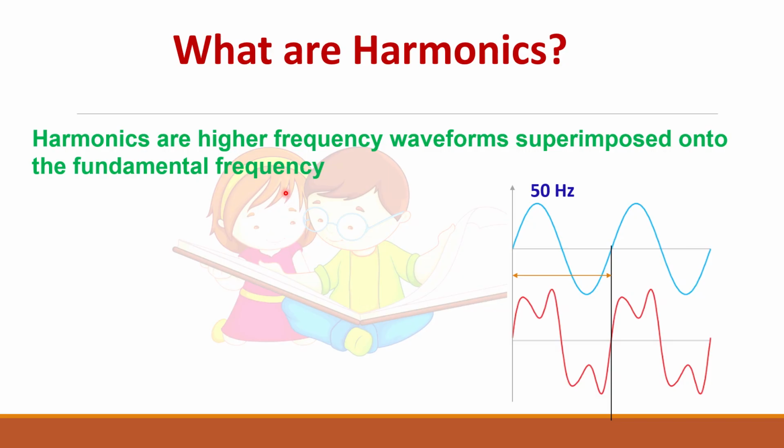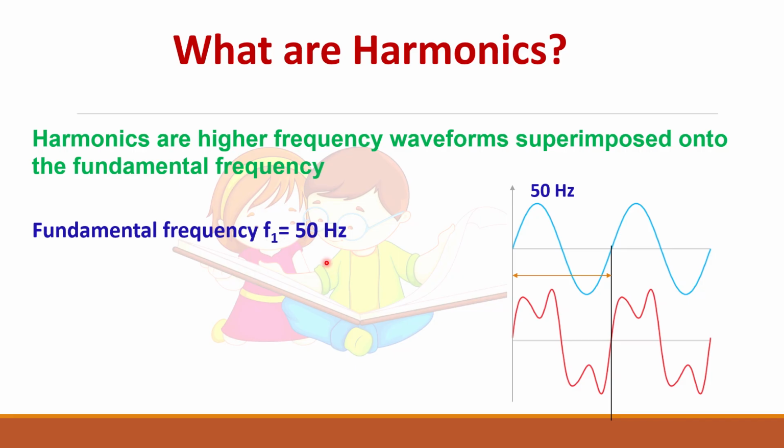So harmonics are higher frequency waveforms which are superimposed onto the fundamental frequency. If I use a filter to remove the harmonics from this waveform, I will get the fundamental waveform, this sine waveform. But here I am getting another waveform because some other waveforms are superimposed on this fundamental waveform.